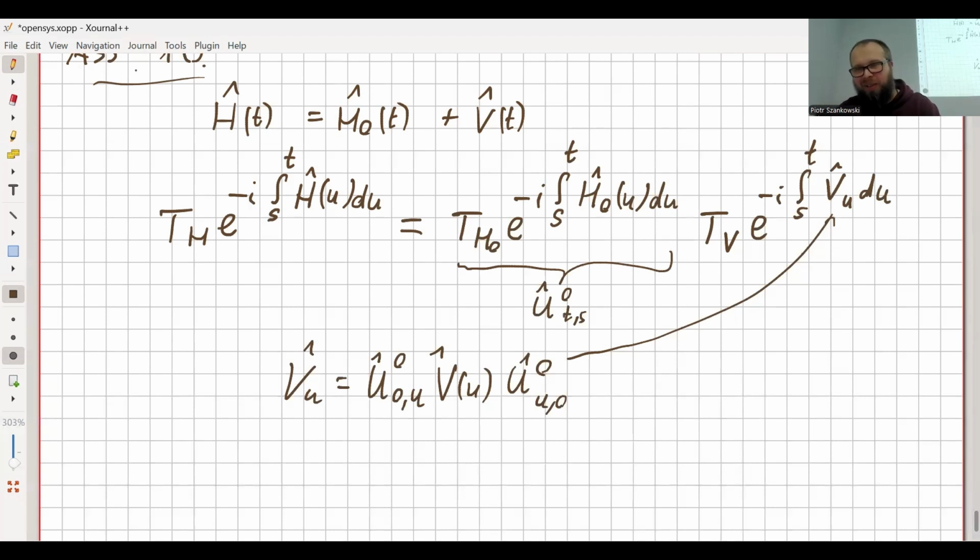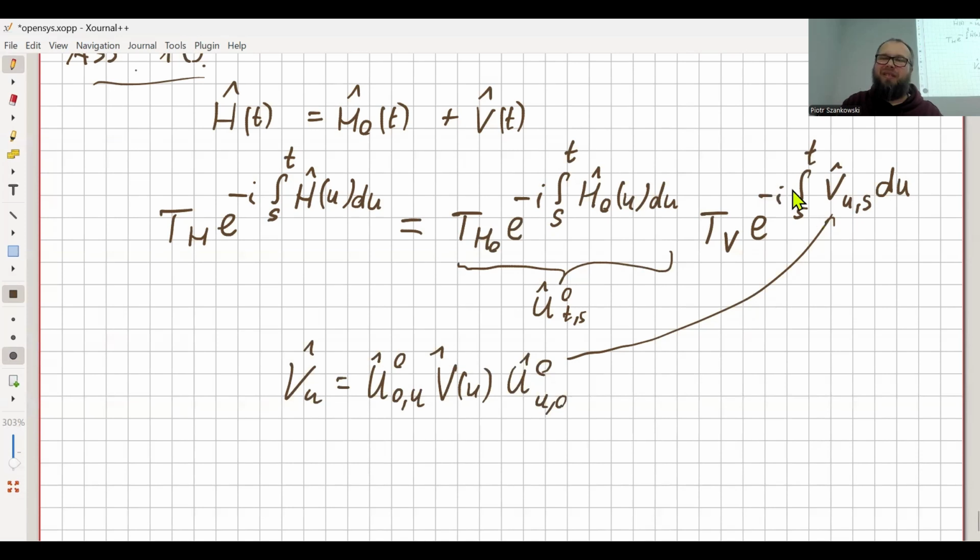What actually would happen here is that you have to modify your interaction picture a bit, because you are disentangling an evolution operator that starts from S to t.